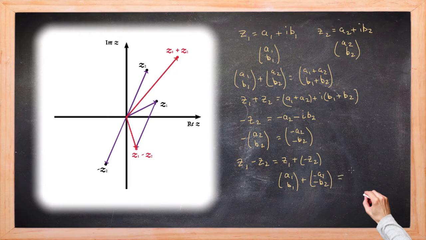Adding these two vectors gives us a1 plus negative a2, that's a1 minus a2, and b1 plus negative b2, that's b1 minus b2, and therefore the difference of these two has a real part a1 minus a2, and the imaginary part is b1 minus b2. So the associated vectors allow us to do geometry with these complex numbers, just as we've seen here.